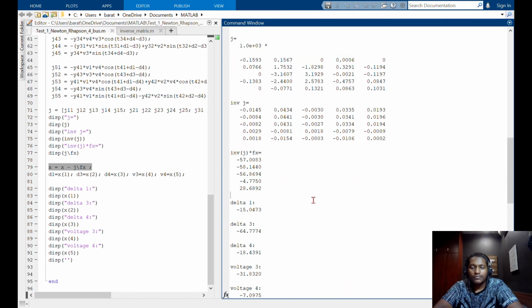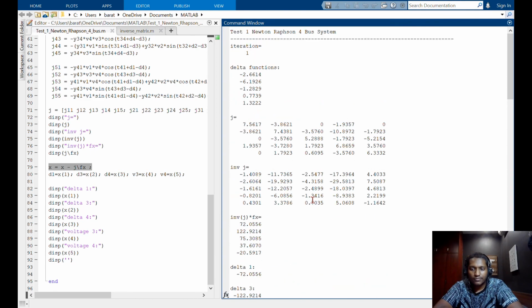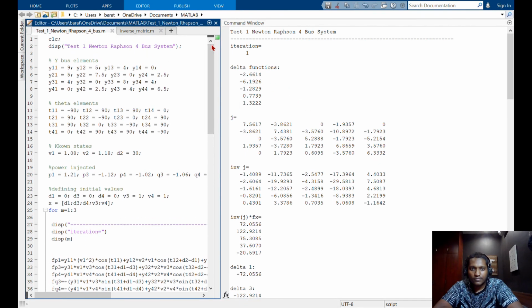I've already checked all these values beforehand. After calculating all the values by hand, I wrote them down here, and after checking, it's all close to these values. So I think it's actually correct.